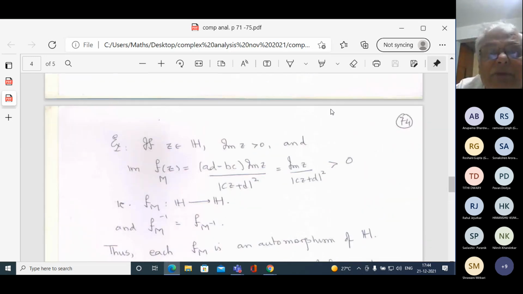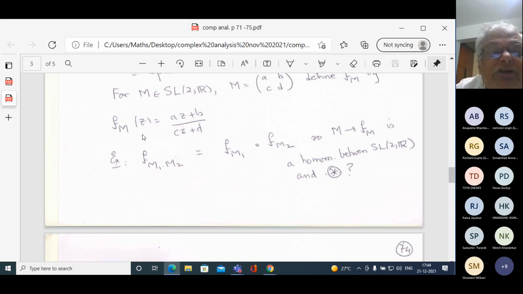I'll repeat this next time. You can go back to the definition of f_m(z), (az + b)/(cz + d). Notice that f_m(z) is equal to f_{-m} acting on z, because when you multiply the matrix (a, b, c, d) by minus 1, you get (−az − b)/(−cz − d), which is (az + b)/(cz + d).